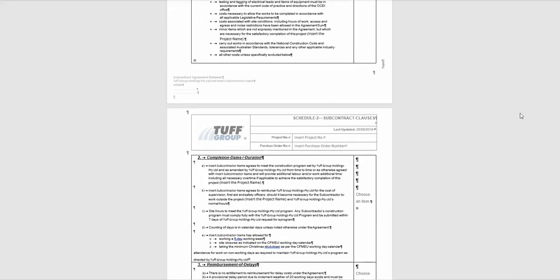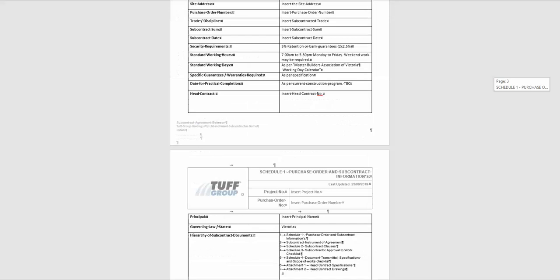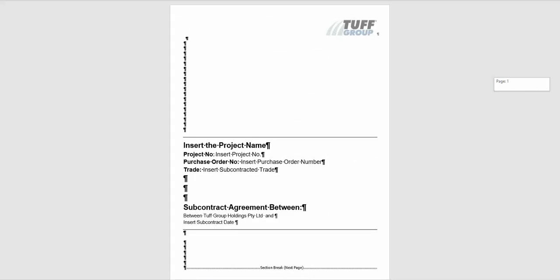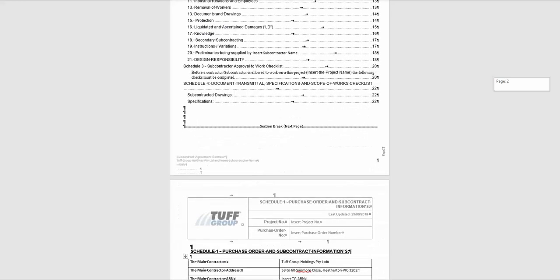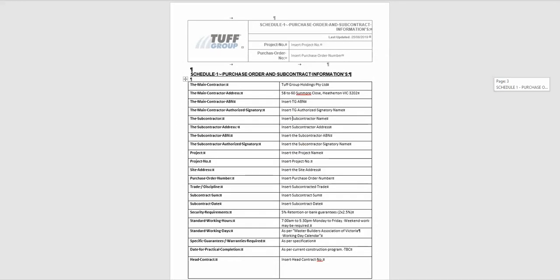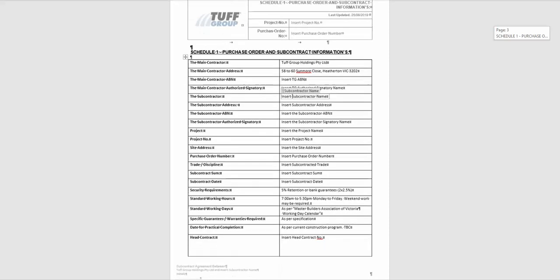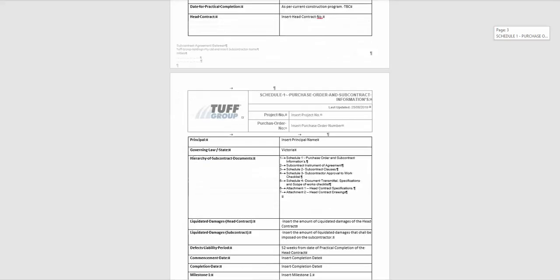So the subcontract agreement has several parts: the cover page, the table of contents, the schedule 1, which is then subcontract informations, and which is our main page or main schedule in this subcontract agreement.